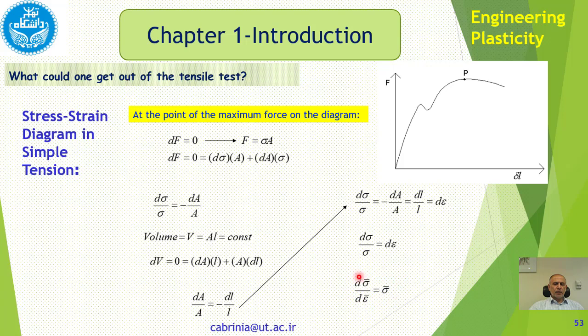So what is it? This is the condition for instability, because instability starts at maximum point after this necking occurs. So that's the start of the instability. So if you have a function for sigma bar in terms of epsilon bar, then you can find from that function where the instability occurs.